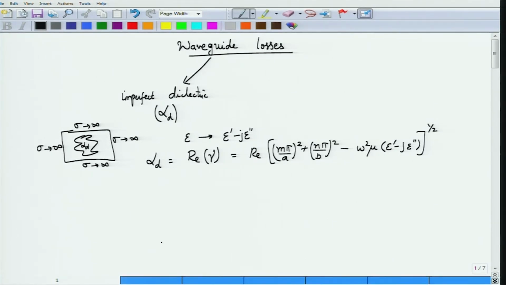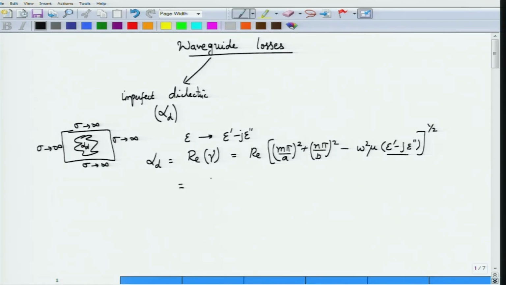You can simplify these formulas, or of course if you have a nice calculator or access to a computer, it is a simple matter to write a program for this and find out what would happen to alpha d. But in case you want to use an approximation, you can use the binomial theorem: take out epsilon prime, assume that epsilon double prime is small, expand using the binomial theorem and do some simple calculations.